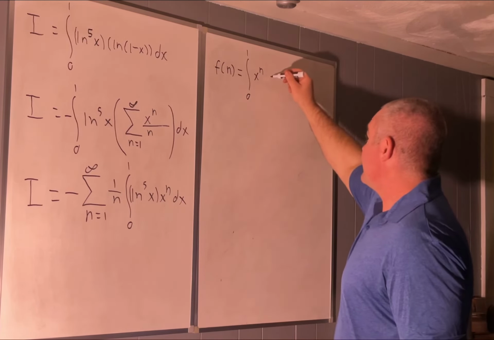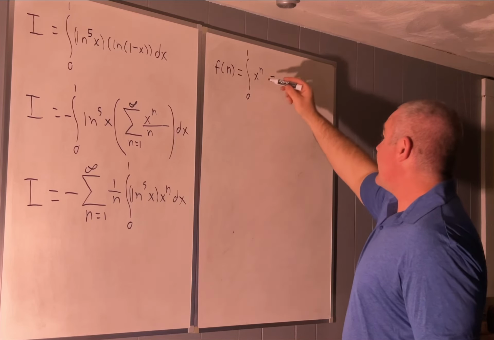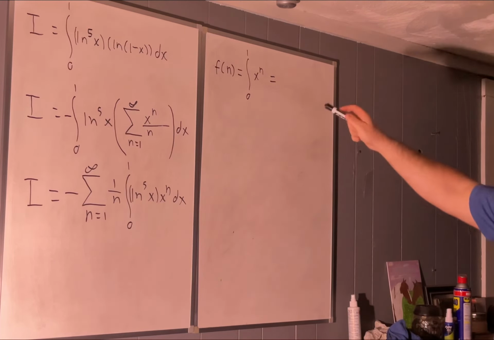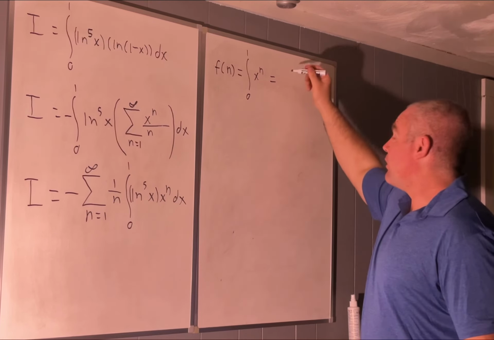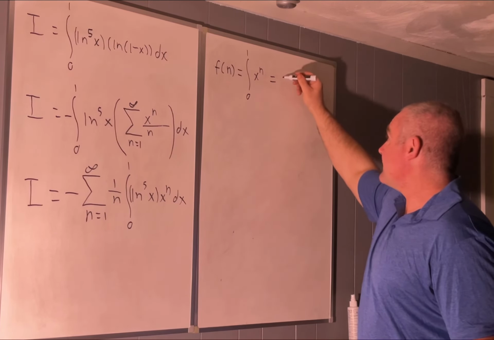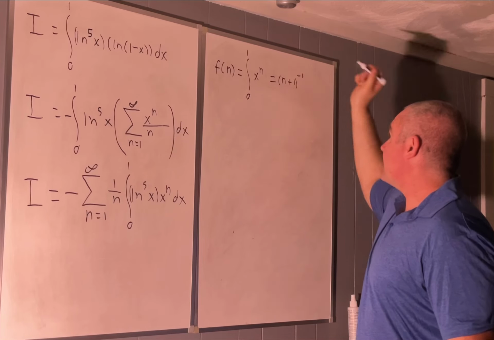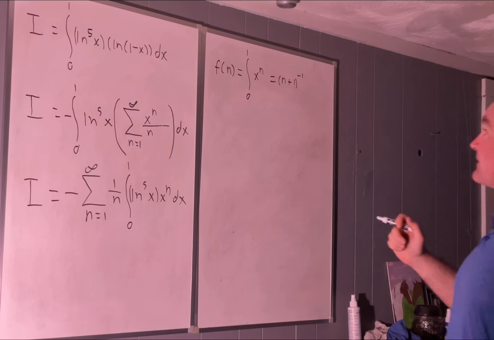And this will be equal to x to the n plus 1 over n plus 1 evaluated from 0 to 1. The lower bound would cancel out, and you would just be left with 1 over n plus 1, but I'll write it like this. n plus 1 to the negative 1. Okay, and now it becomes clear why Feynman integration is going to help us.